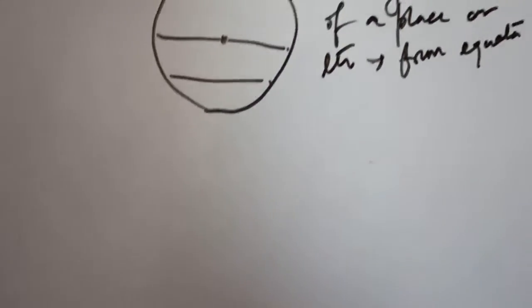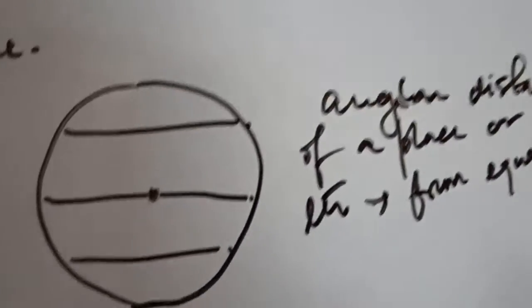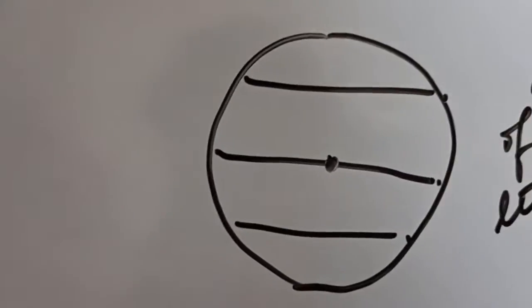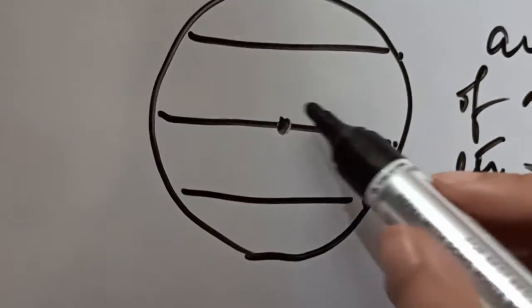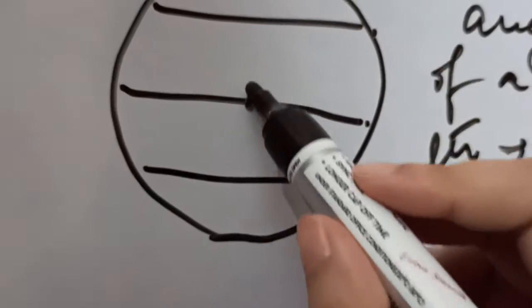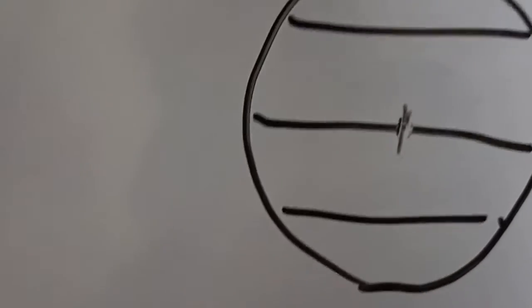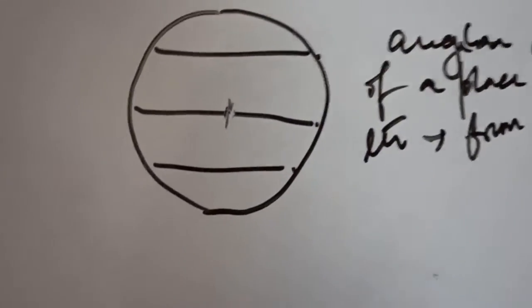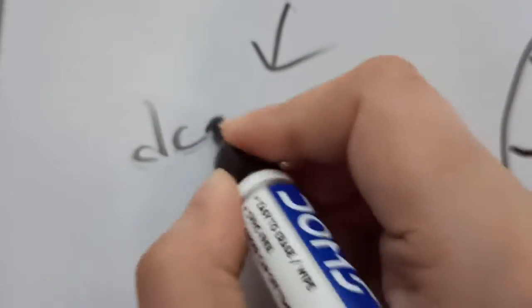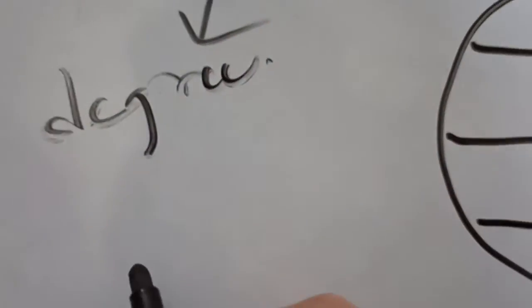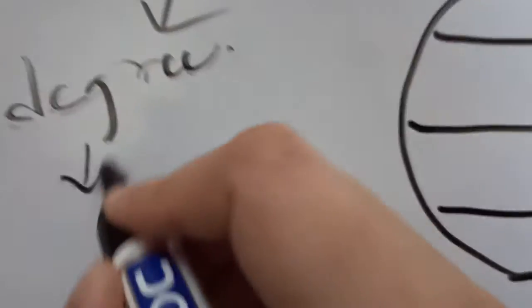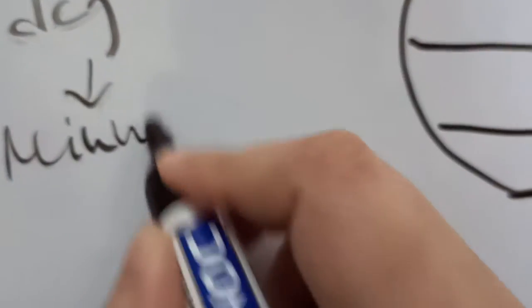The values of the latitude are generally written in degrees, but this can be further subdivided into minutes, and minutes can be further subdivided into seconds.